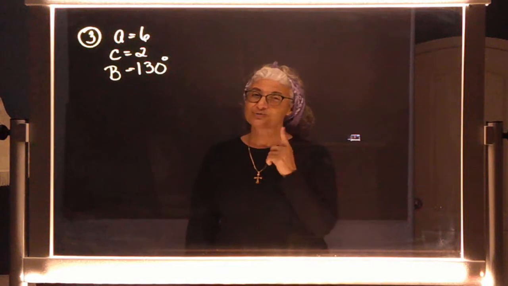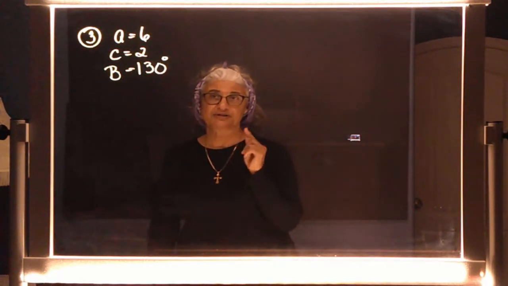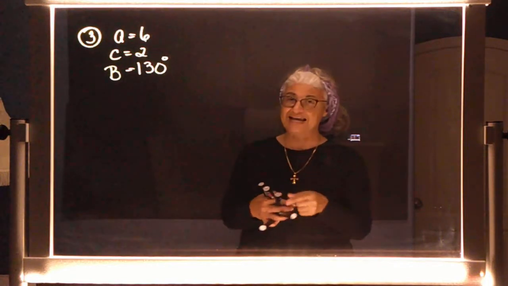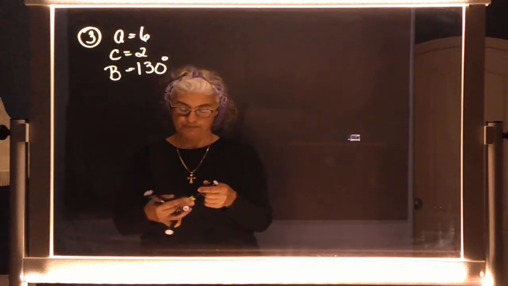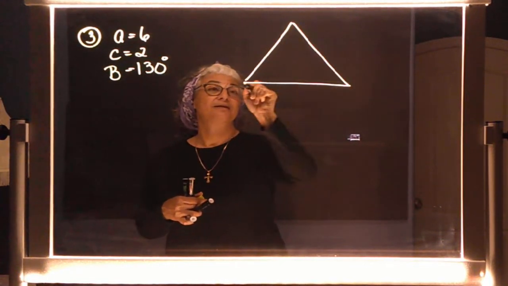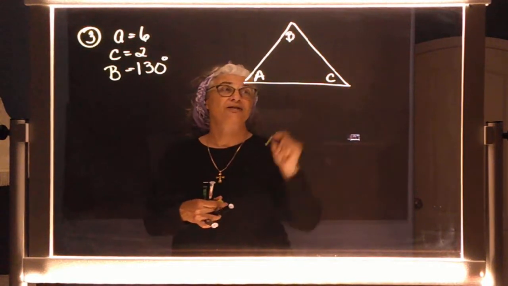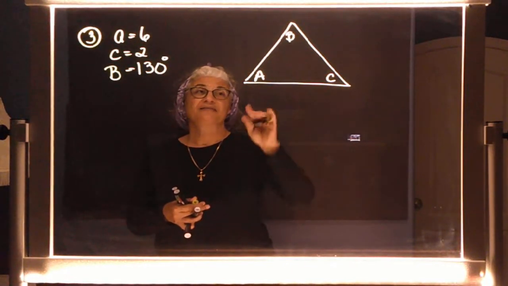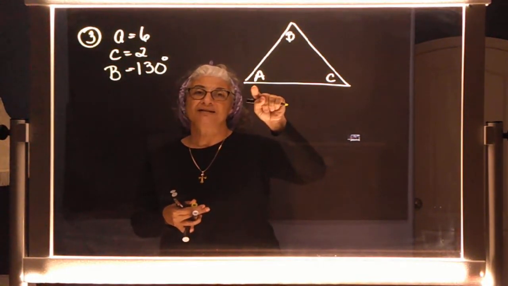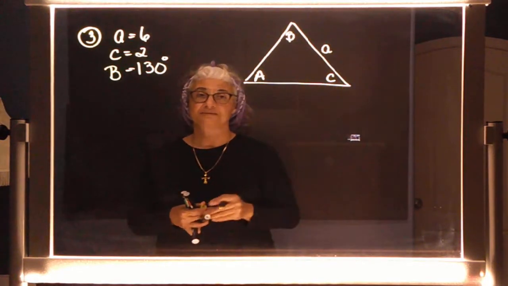Now, here's what I need you to remember: you need to remember corresponding sides and corresponding angles. With me? So, if I label this angle A, this is angle B, and this is angle C, then the side opposite angle A is side A, little a.